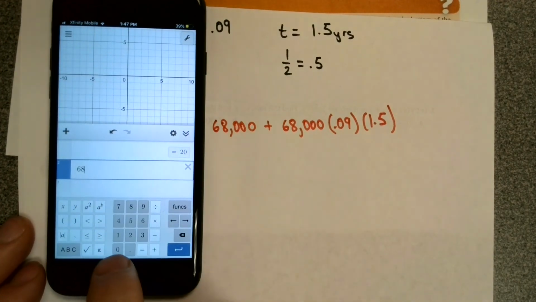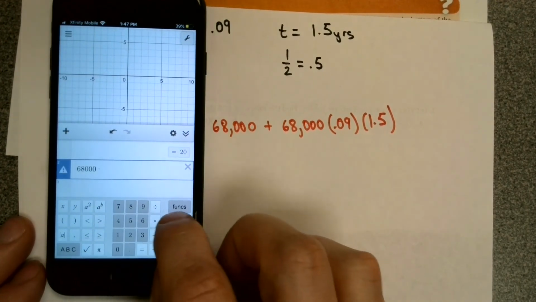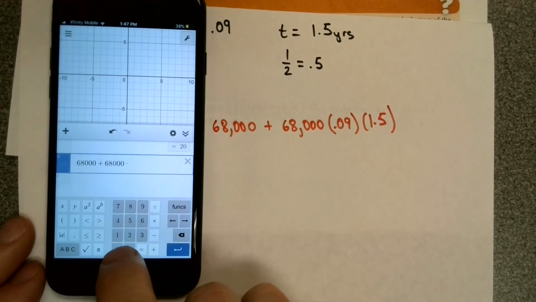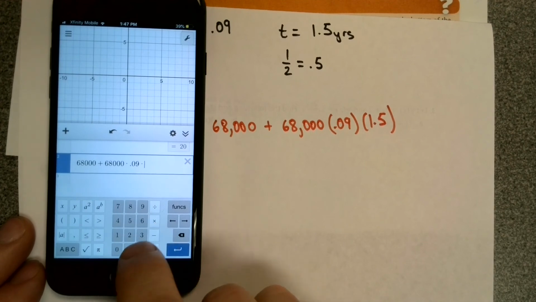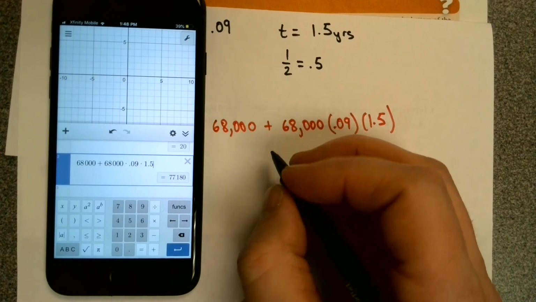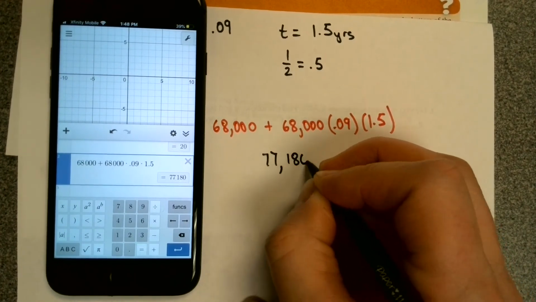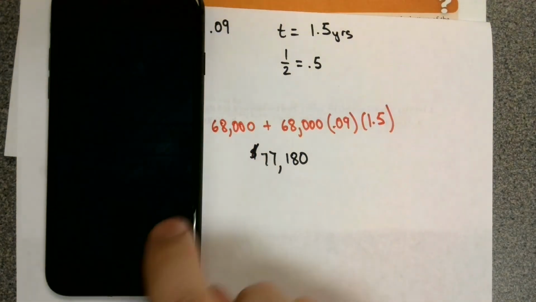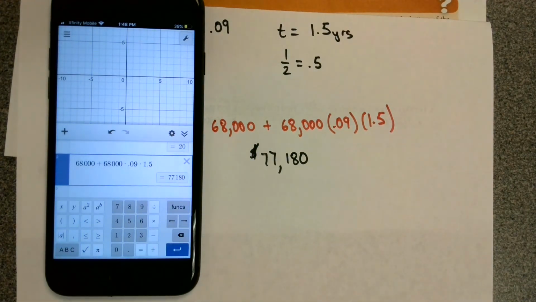So I'm typing in that 68,000, plus another 68,000 times 0.09 times 1.5. And there is our future value. In other words, the total amount of money that this company will pay to the loan sharks. So how much interest did they actually get charged? How much did they pay for this money, as another way to ask that question. There's two ways we can calculate that.